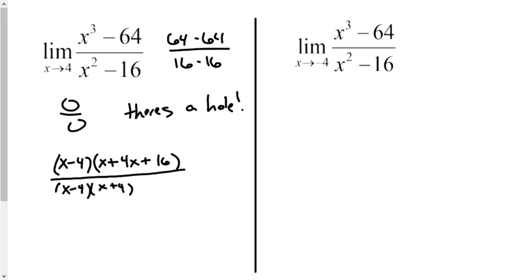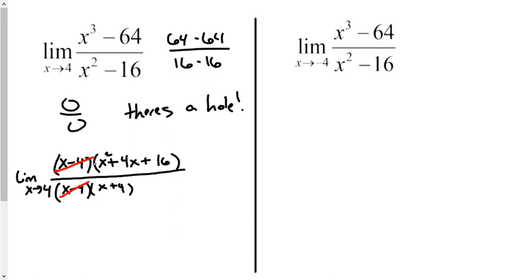And when we want to take this limit as x approaches 4, the first thing that I'll do is cross these out. Because if I have those factors on top and on bottom, then I'm good. All right. Now, I can actually substitute a 4 in for this, and I get, oh, I almost forgot it. Whew.